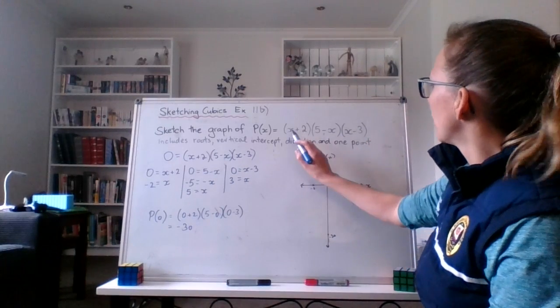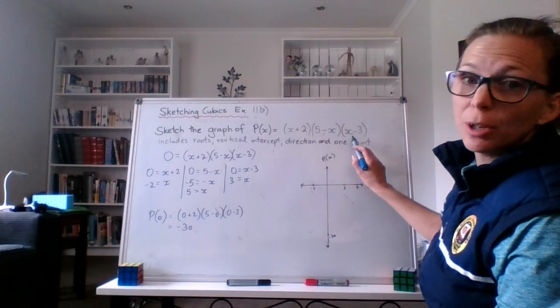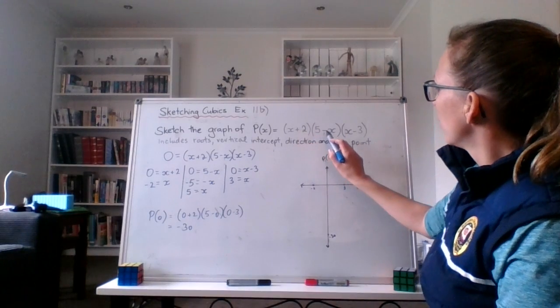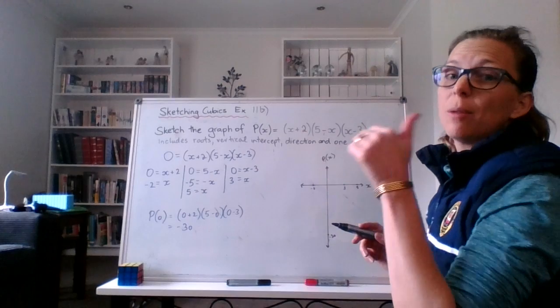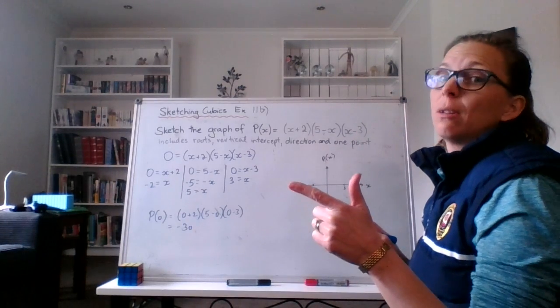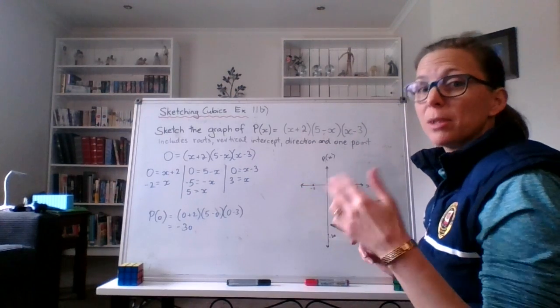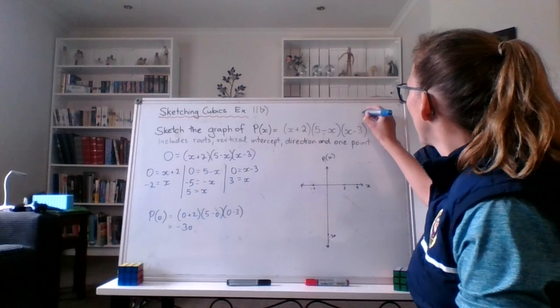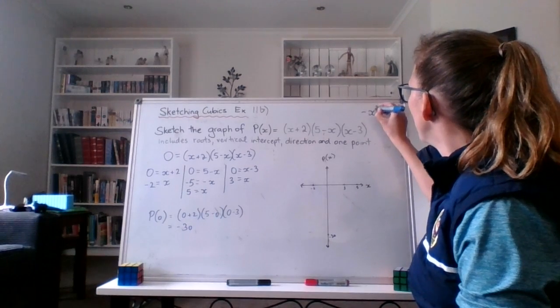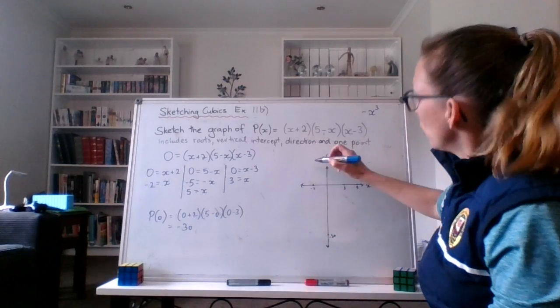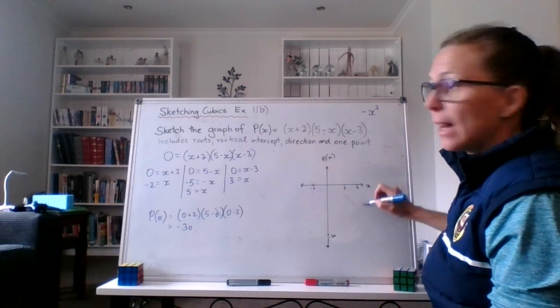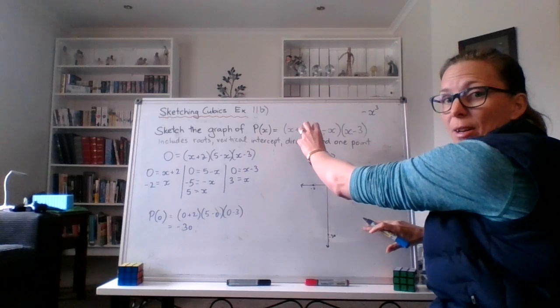First thing is look at the x's in your polynomial. This is a positive x, this is a negative x, and this is a positive x. So positive times a negative will be negative. Then that times a positive is going to stay as a negative. So that means I've got negative x cubed as my leading term if I were to expand it out. So that tells me that it had to go in that negative direction, start high and end low.